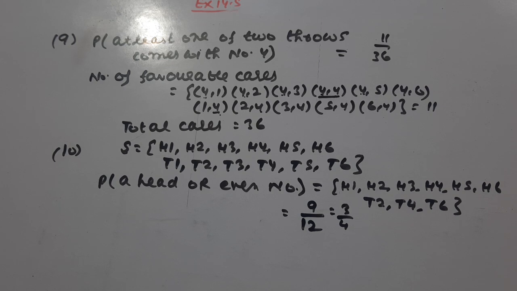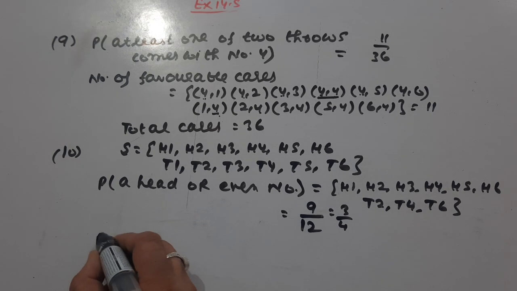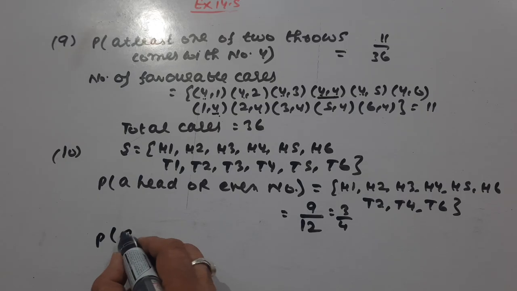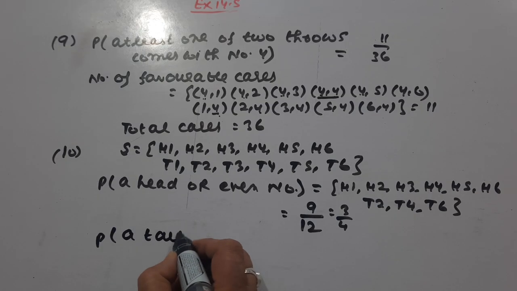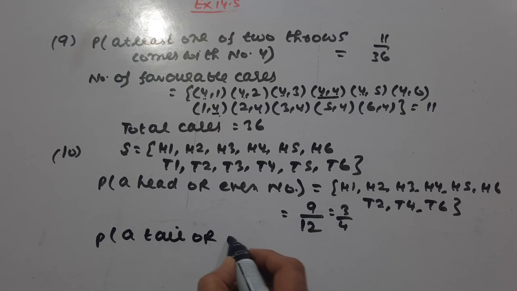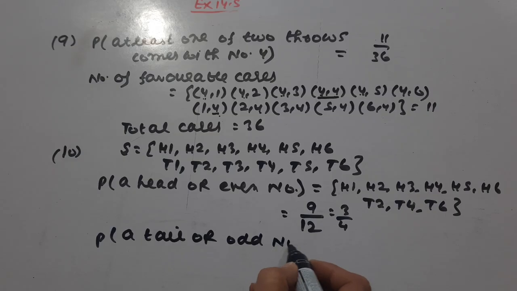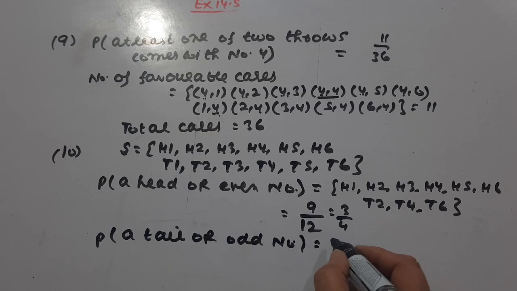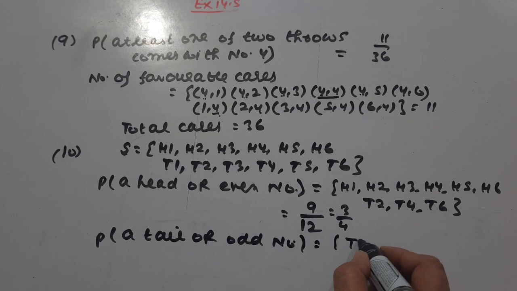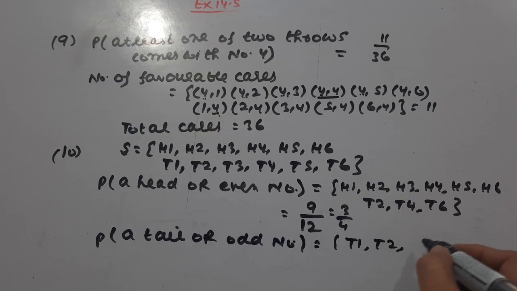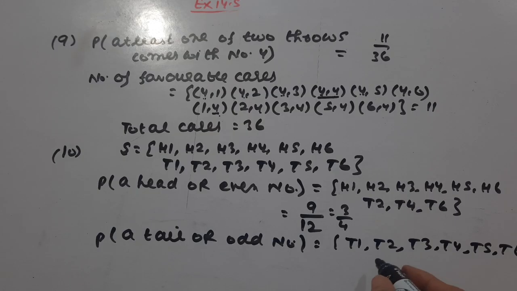Right, students? And second part is a tail or odd number. So here tail. So we write all the cases having tail, T1, T2, T3, T4, T5, and T6, and odd number.